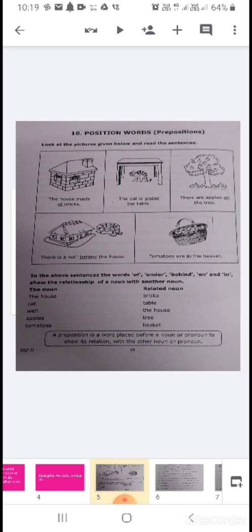Look in your books and open page number 48. On page 48, you have to see these pictures and see what it is.